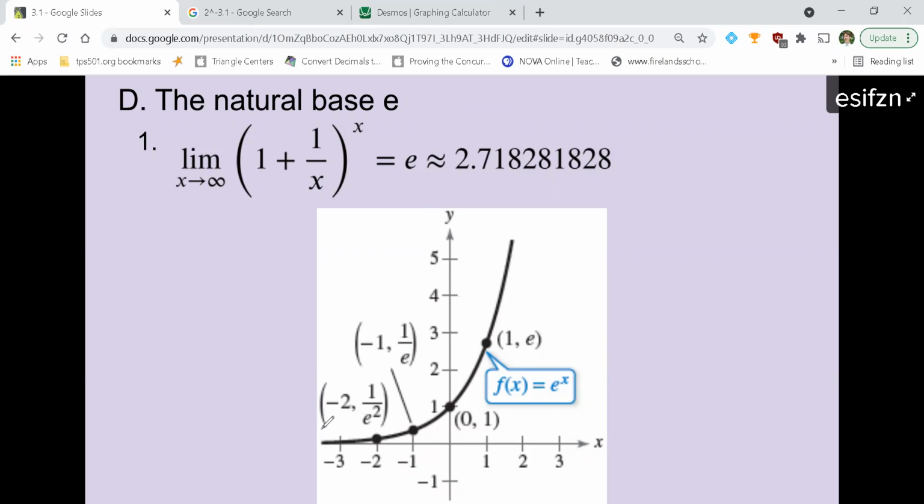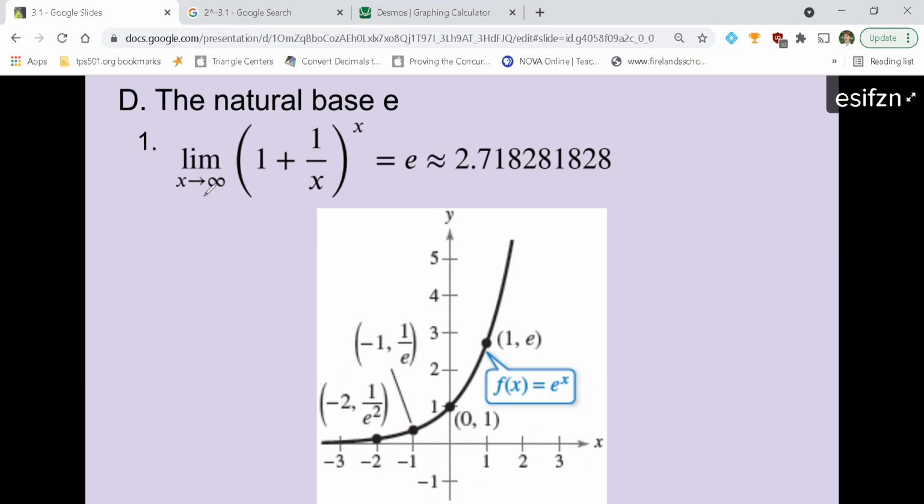is an exponential function where 1 plus 1 over x, to the x power, is taken as x goes to infinity, which, if you recognize this, is your compound interest formula.